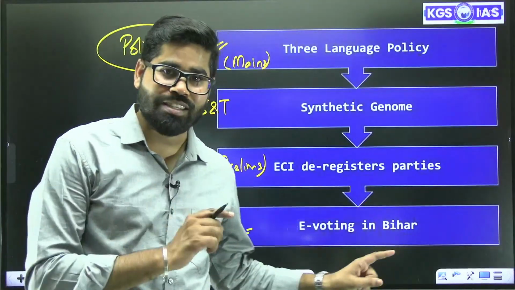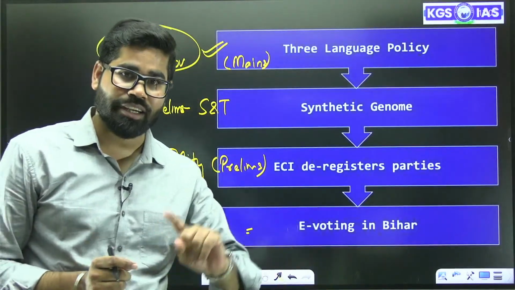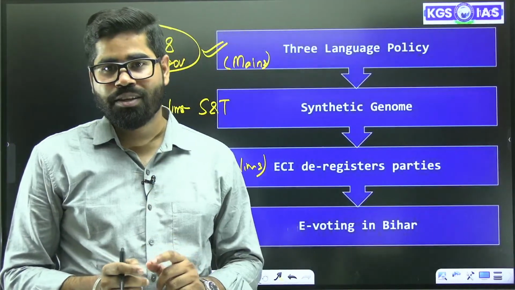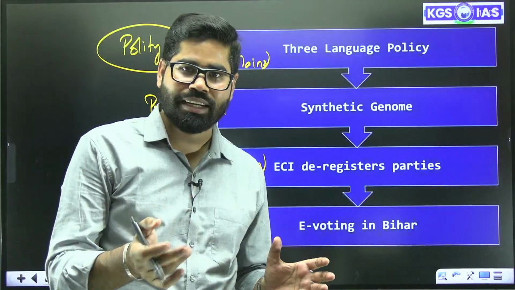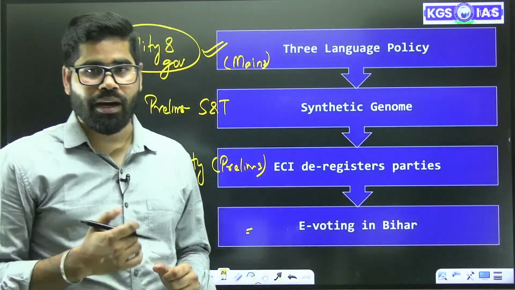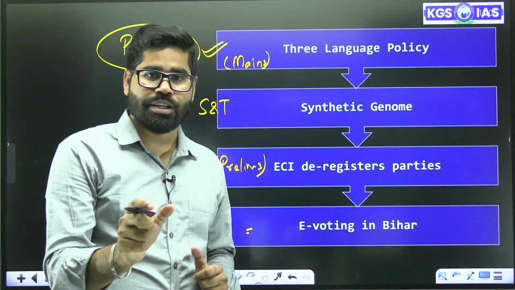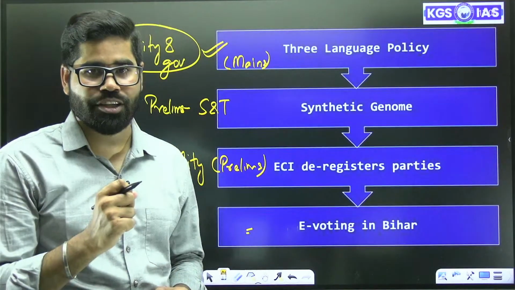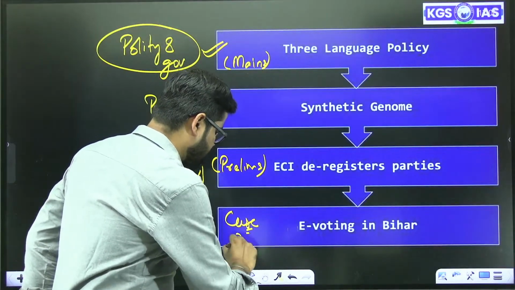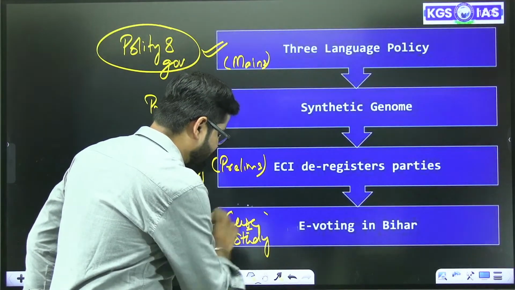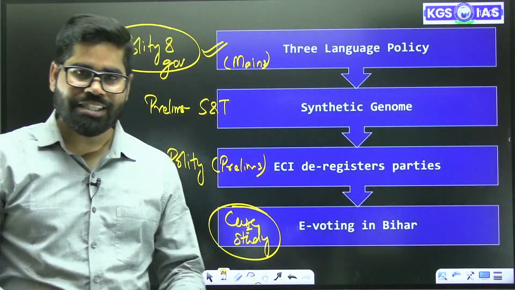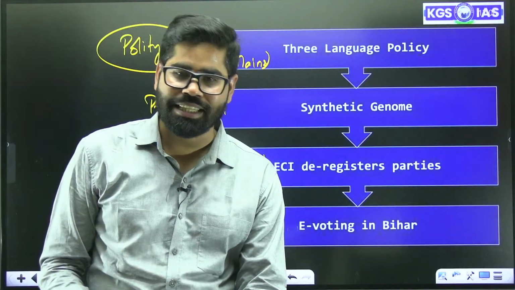But this is one such initiative which has been started by Bihar itself, and that is e-voting in Bihar. So in recent bypolls conducted in some of the districts of Bihar, the State Election Commission has introduced it in election. So we will try to see this as a case study of e-voting in Bihar. So these are the topics which we are going to discuss in today's session.